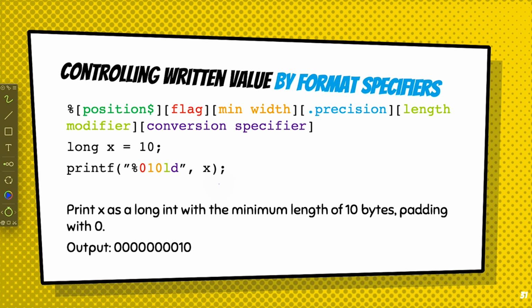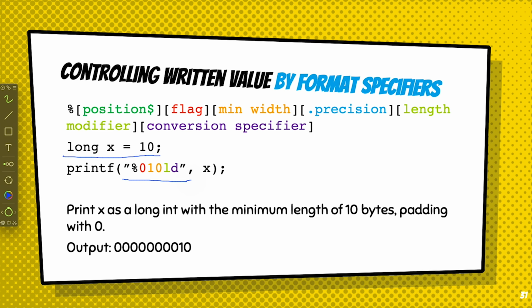It turns out that we can control the number of outputted bytes using format specifiers. For example, suppose that we have an argument x with the value of 10, and then we're going to output this variable using a format string of %010ld. You may find this very confusing, but you can actually separate it into different parts.